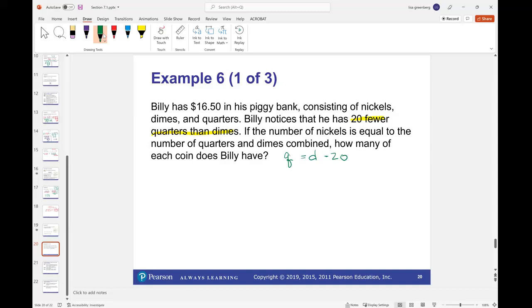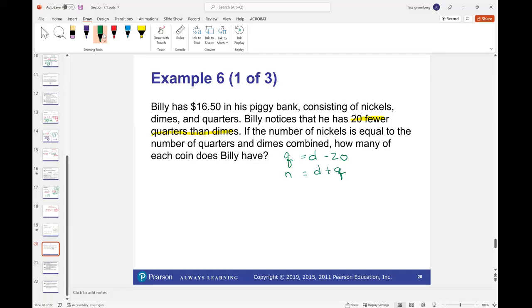If the number of nickels is equal to the number of quarters plus dimes combined, that means that nickels is equal to dimes plus quarters, right? So let's read it again. If the number of nickels is equal to the number of quarters and the number of dimes combined, so that makes sense.